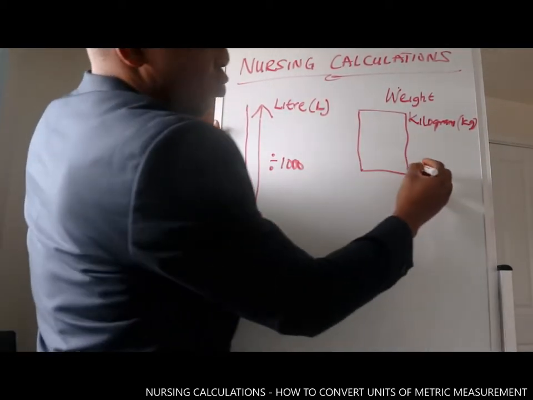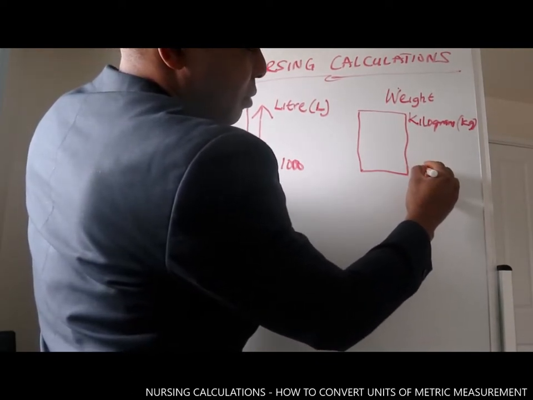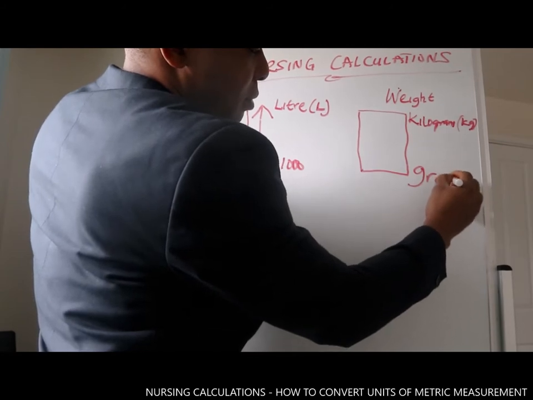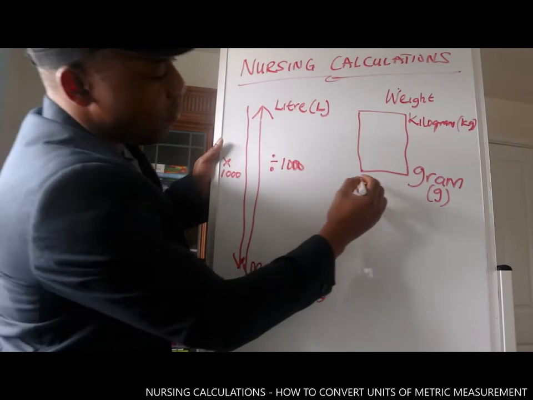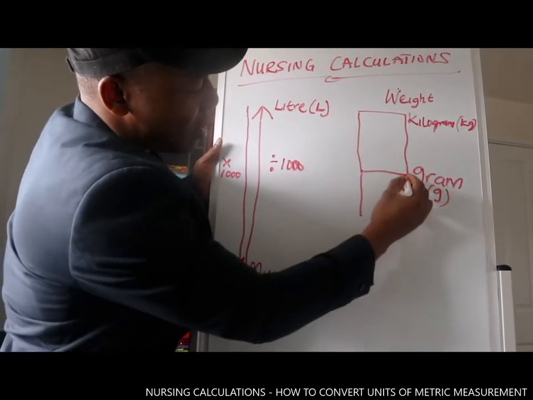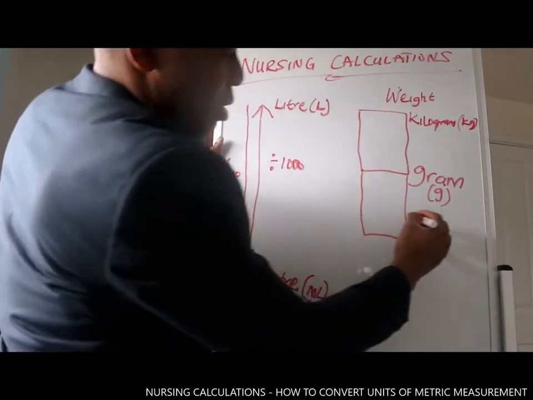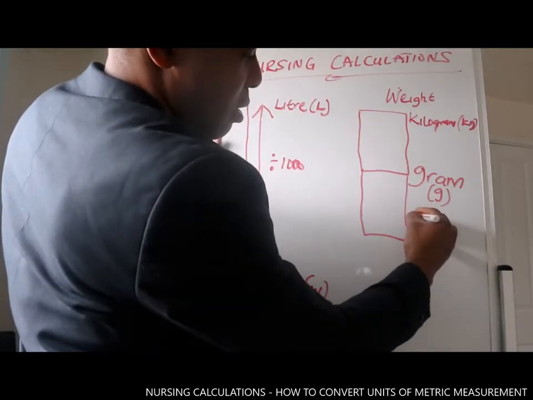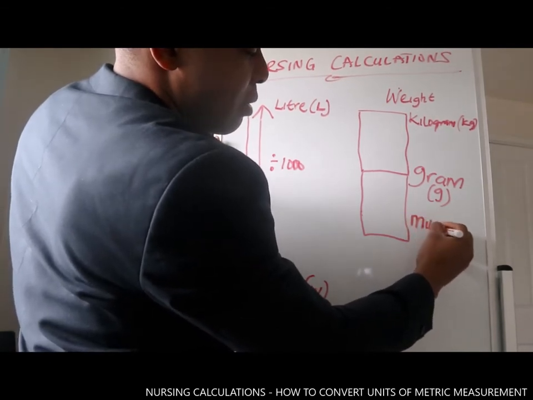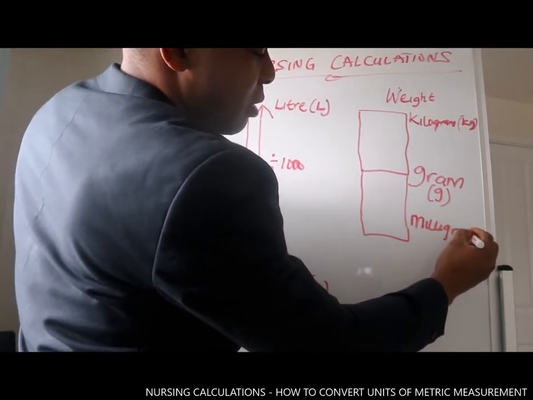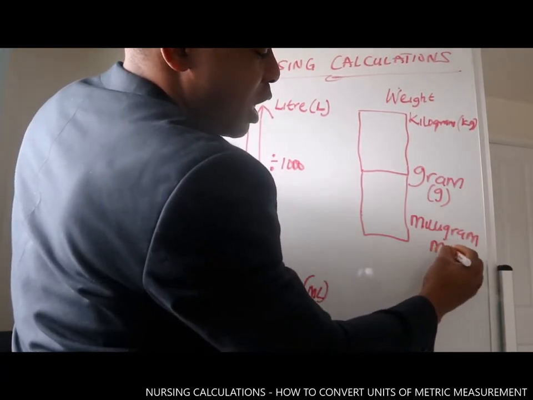The next box will be gram, which is sign of G. Then if we move from gram downwards, the next one will be milligram, which is mg.